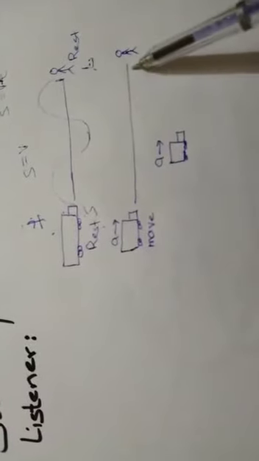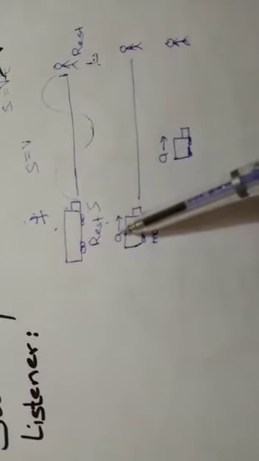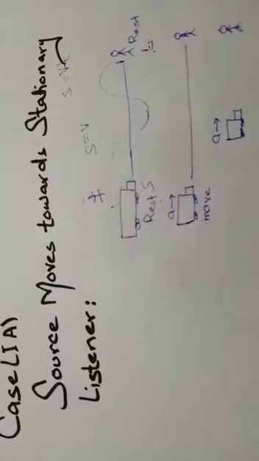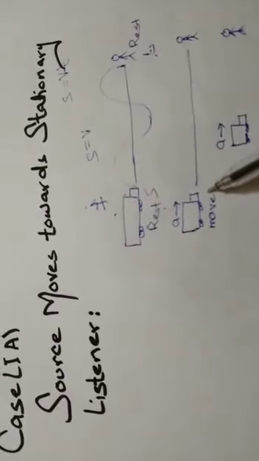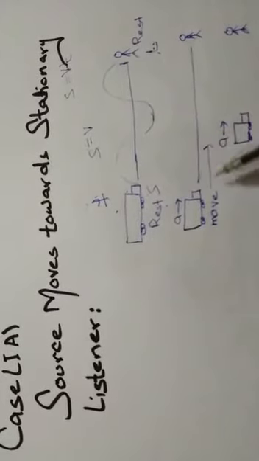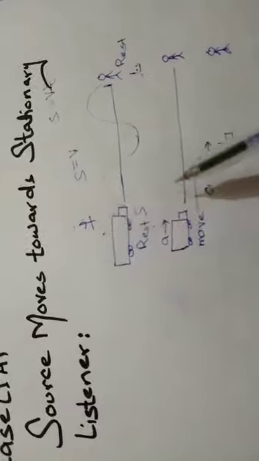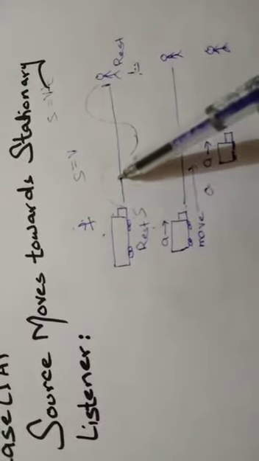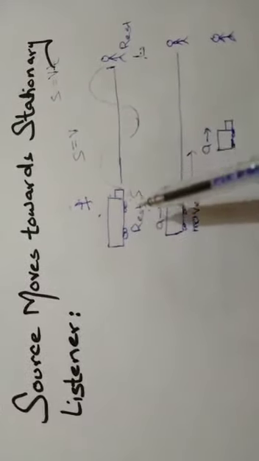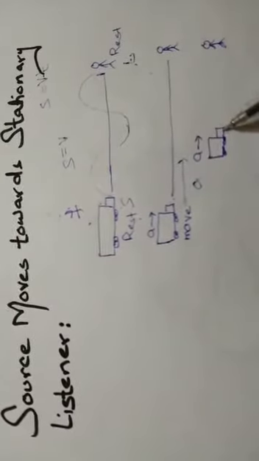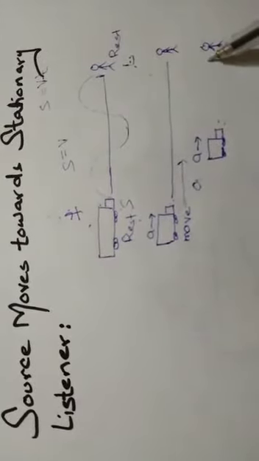Now when the source moves towards the listener with speed a, it covers the distance a. The f number of waves generated by the sounding source when both source and listener are at rest are compressed in this distance.